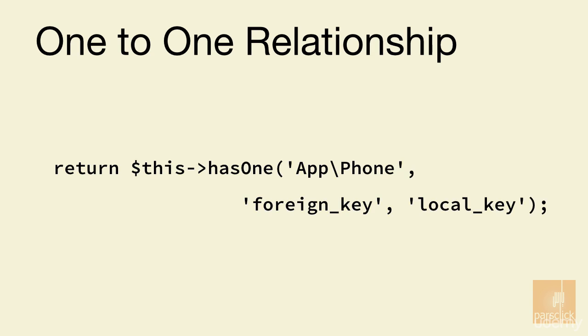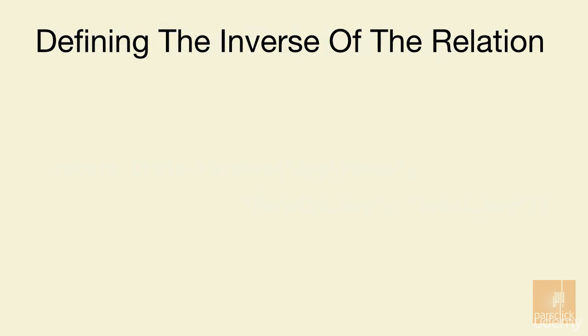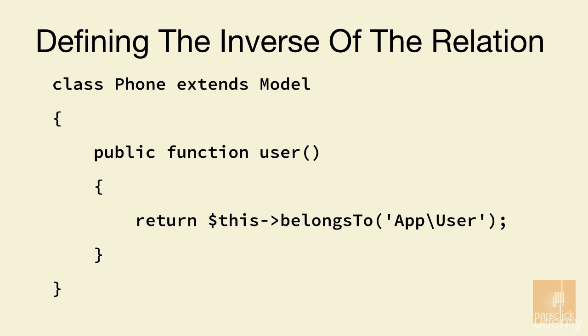Now let's define a relationship on the phone model that will let us access the user that owns the phone. We can define the inverse of the hasOne relationship using the belongsTo keyword. So if you're using hasOne, or in the next video you will see hasMany, in the other table you need to use belongsTo.